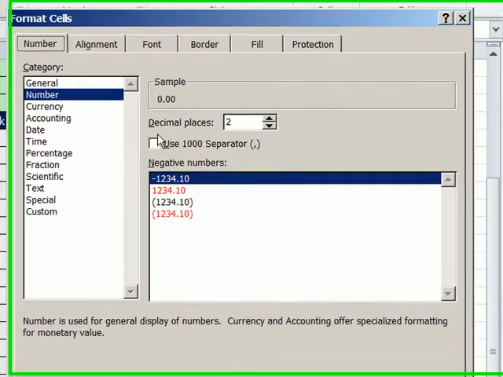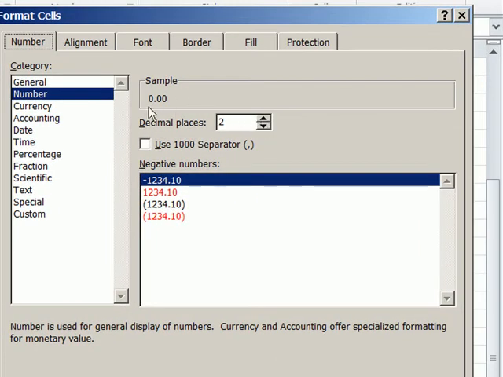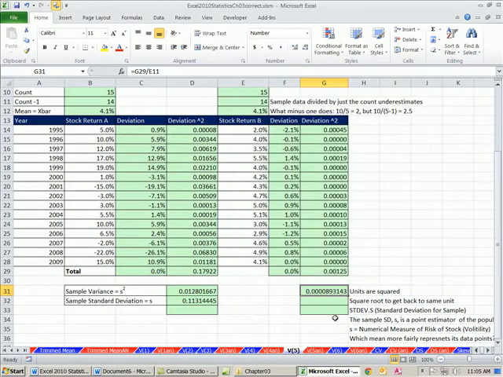And I'm going to do something, and I'm going to watch the sample here. All right, so which one is bigger? This one's much bigger. And we can clearly see from variance that stock A has much more dispersion in the data. Let's go ahead and calculate our square root.